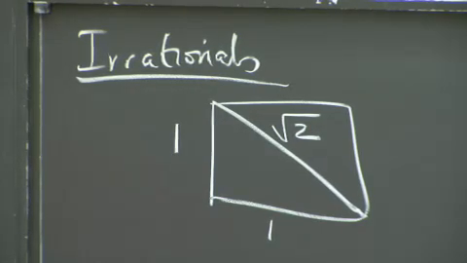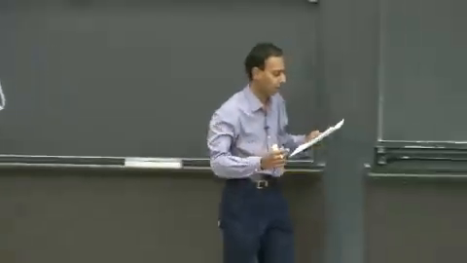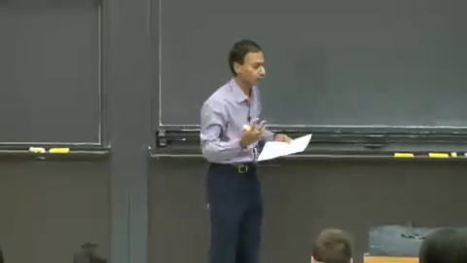So you can't really express the ratio as a rational number, as a ratio of integers. Now, it turns out that the Babylonians and the Indians knew this way before Pythagoras, but he gets credit for the Pythagoras theorem. And he was also a Greek philosopher.